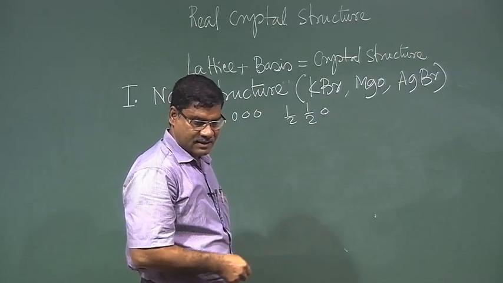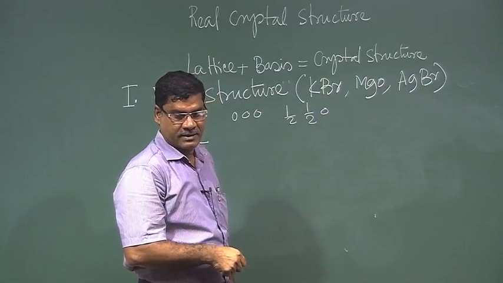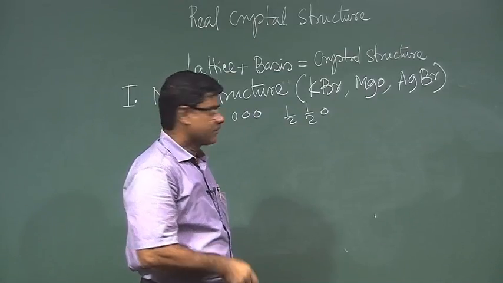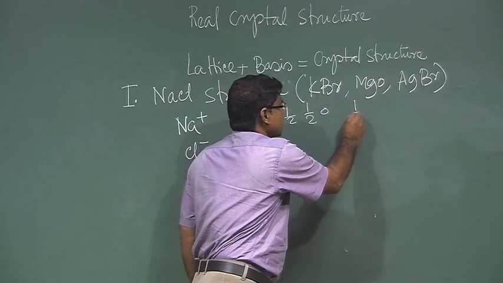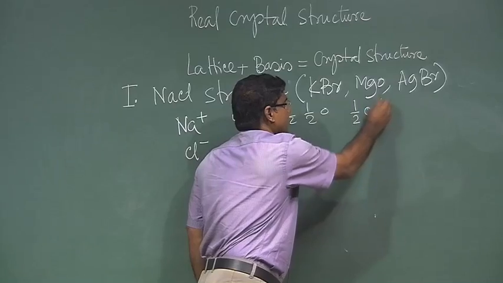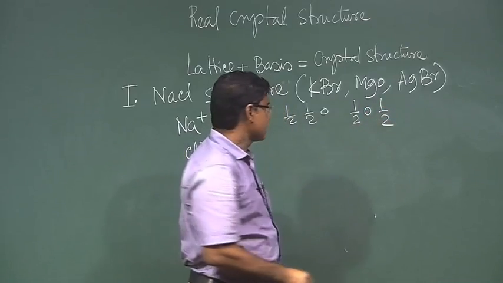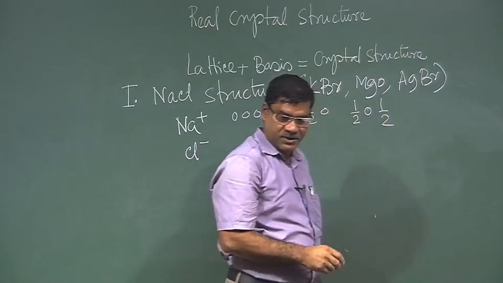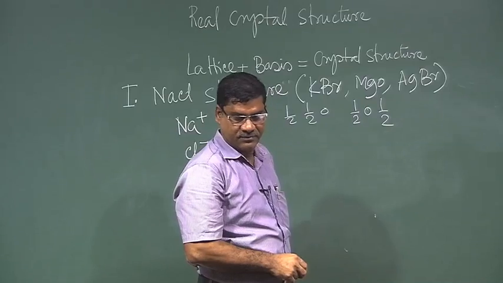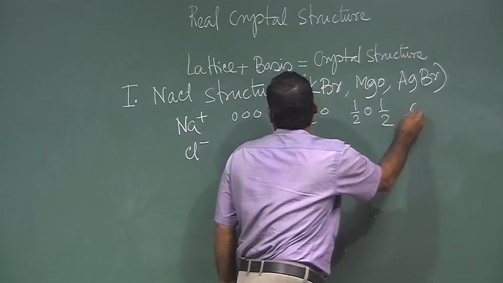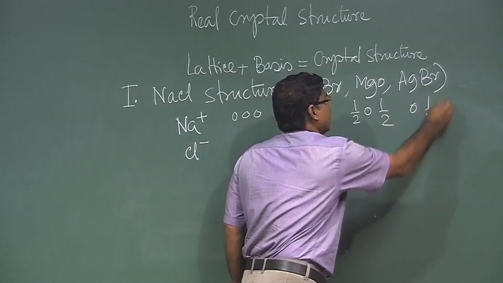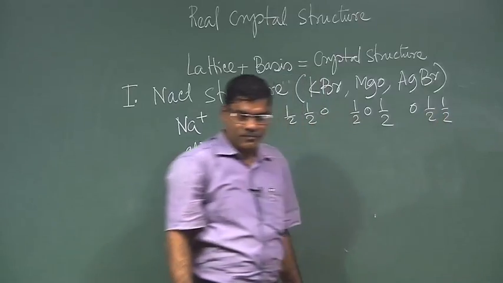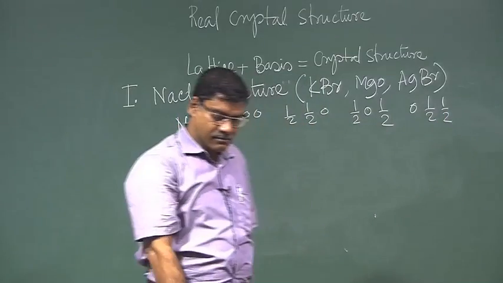Then from the structure, as I already described, I can see half, 0, half, then 0, half, half, and so on, corresponding.